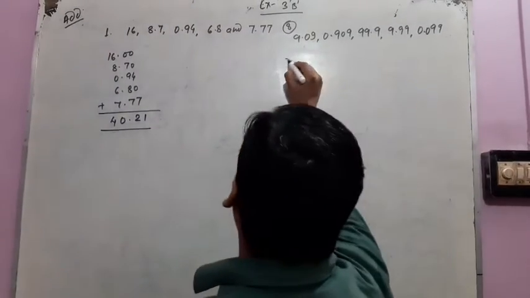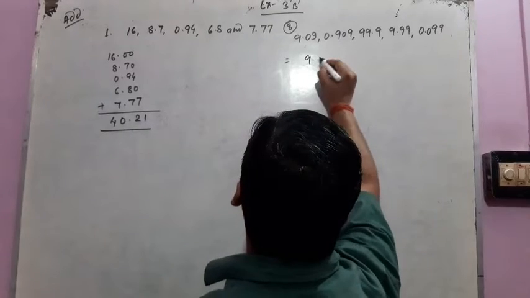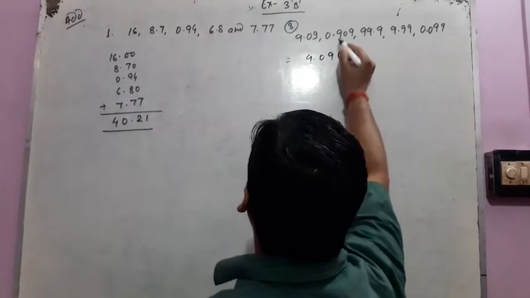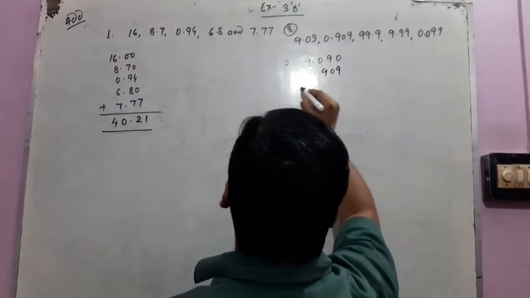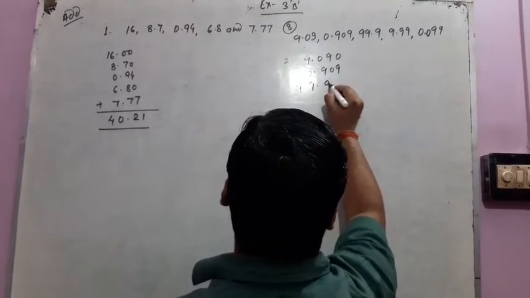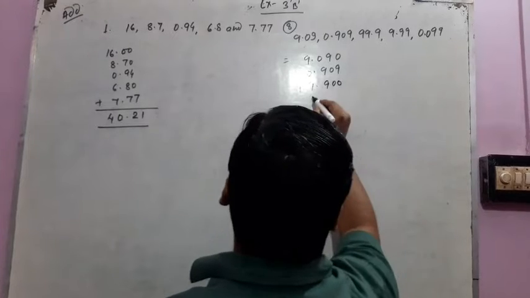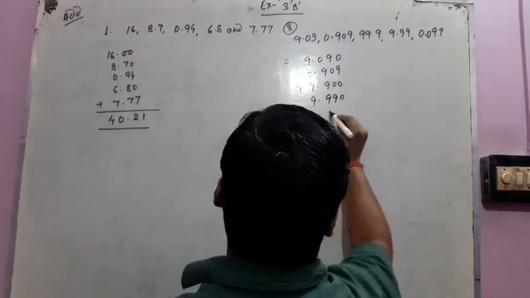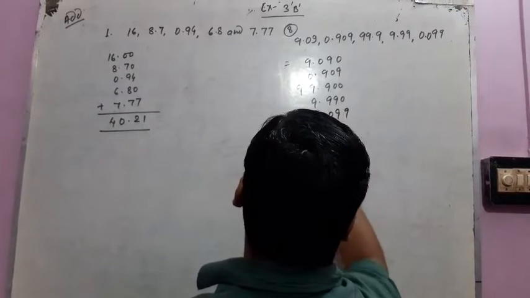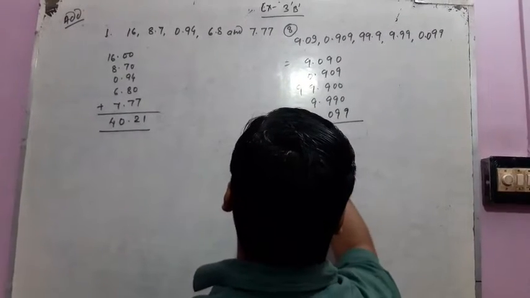Now again we have to convert them in like decimals. 9.090, 0.909, 99.900, 9.990 and 0.099. Now we have to add them.